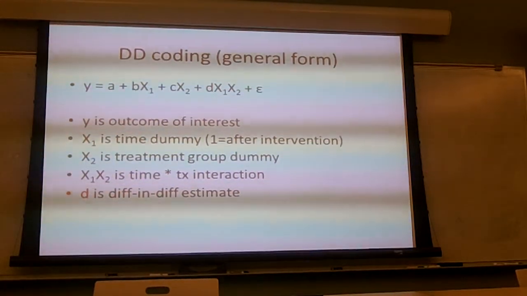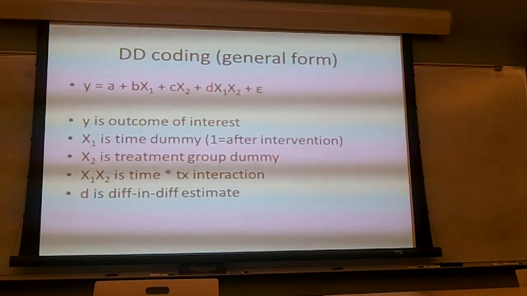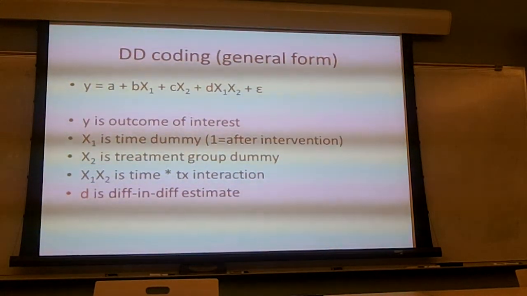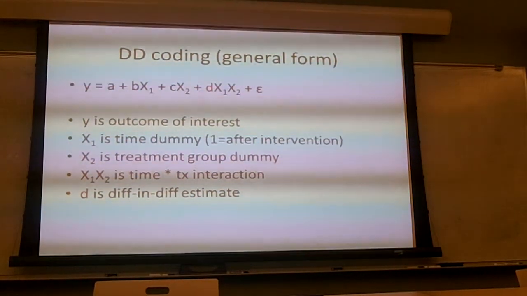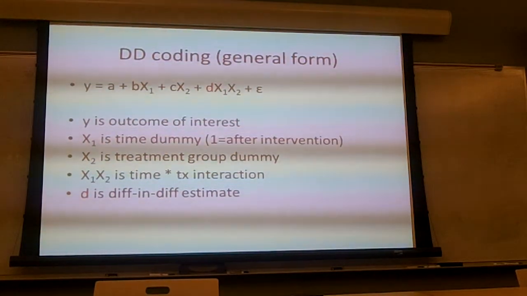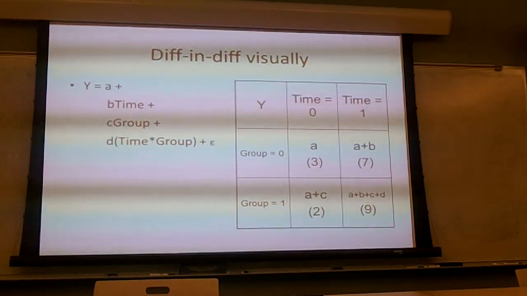That is, the product of x1 times x2 is equal to 1 if and only if both x1 and x2 are equal to 1. The coefficient d in red is our estimate of the difference in difference effect. So how does this work out visually?